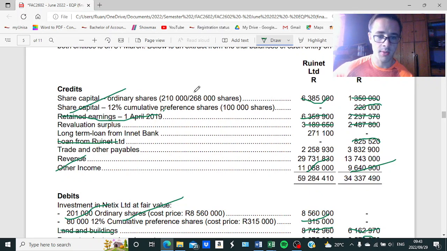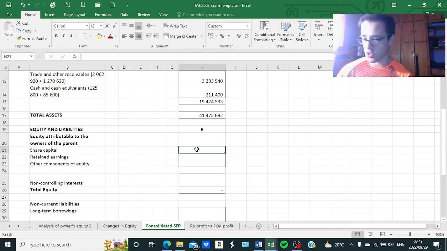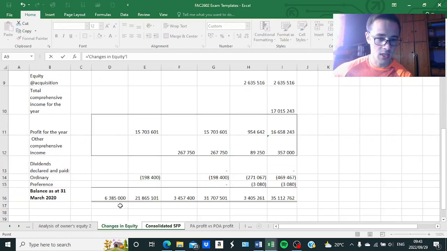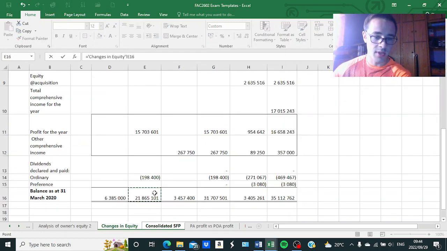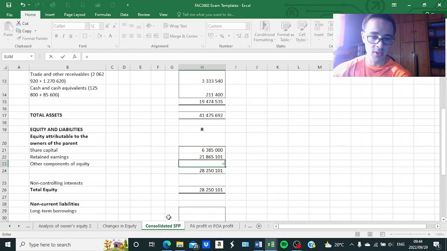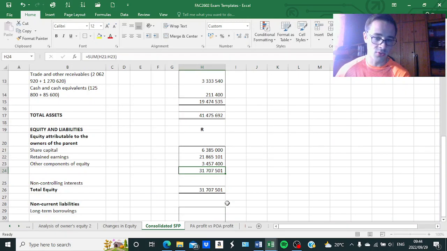We have dealt with share capital. Okay, so now we move to our equity section. So these balances right here will just be taken directly from the consolidated statement of changes in equity. So your share capital would be this amount right here. Your retained earnings will be this amount. And other components of equity would be 3,457,400.